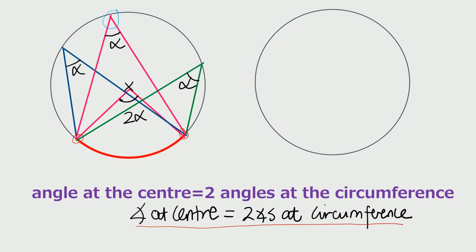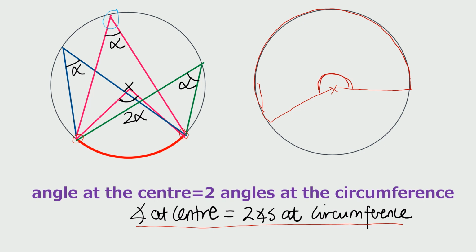Sometimes the arc given to you is not a minor arc, it's a major arc. What do I mean by major arc? For example, it could be this arc here, and this is the center of the circle. The angle that we are referring to is this reflex angle here.